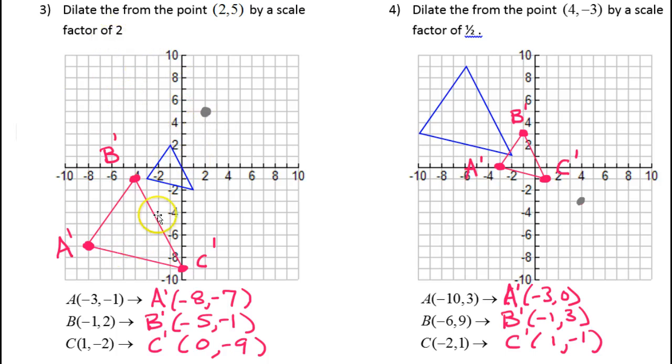See how the image is further away from the center? That's because A prime, B prime, and C prime are each twice as far away from the center as A, B, and C were. That should give you a pretty good idea of how to do a dilation from a point that is not 0, 0, not the origin.